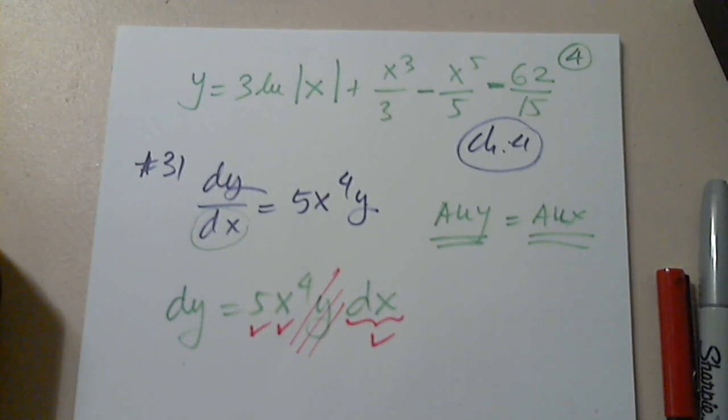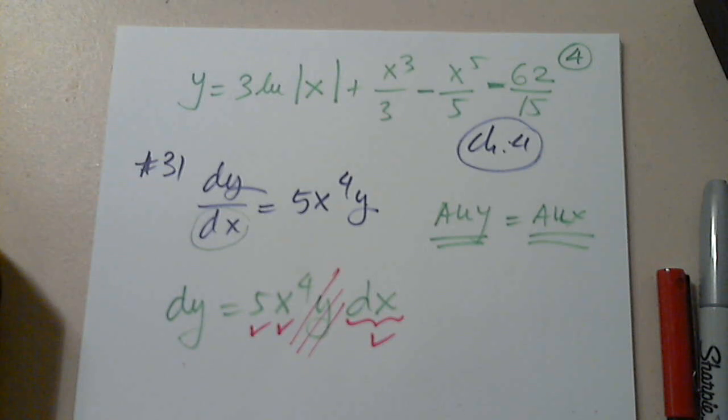What should I do in order to, only something that is legitimate, of course, what is the legitimate operation that will remove the y from that side and bring it somehow in some shape or form to the left-hand side? What operation should I use to get rid of y from the right-hand side? Can you divide by y? Absolutely.